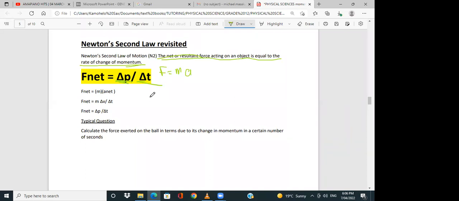A typical question they can ask you is to calculate the force exerted on a ball due to its change in momentum in a certain number of seconds.